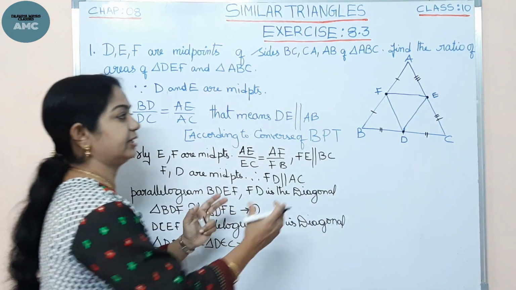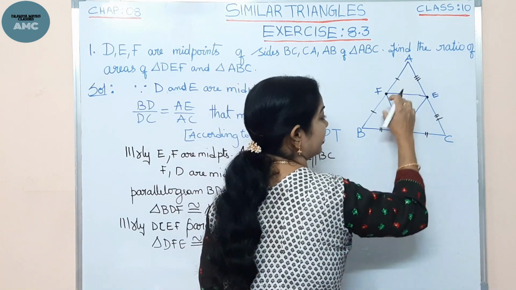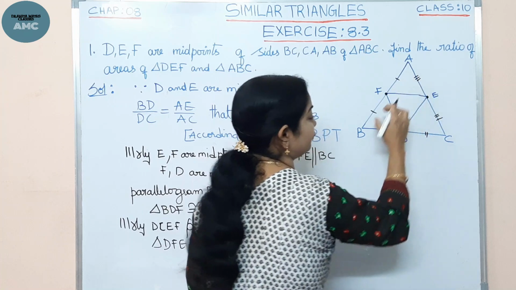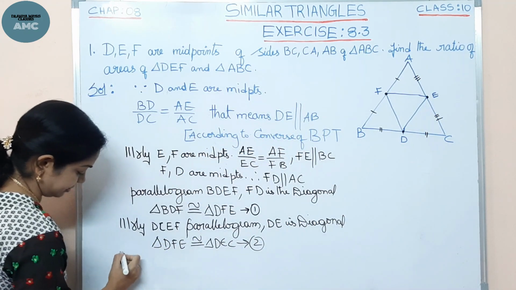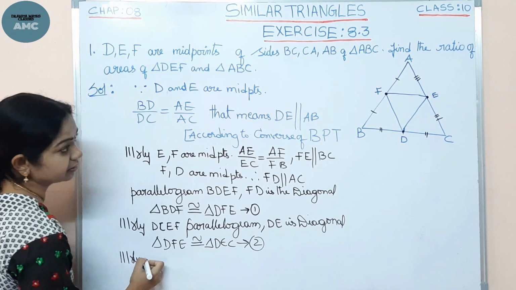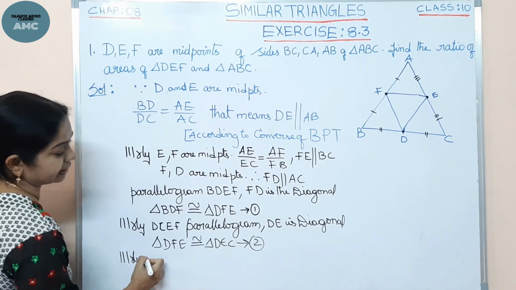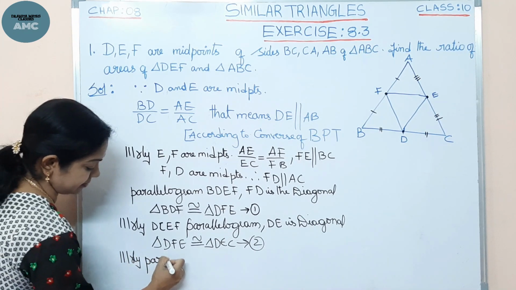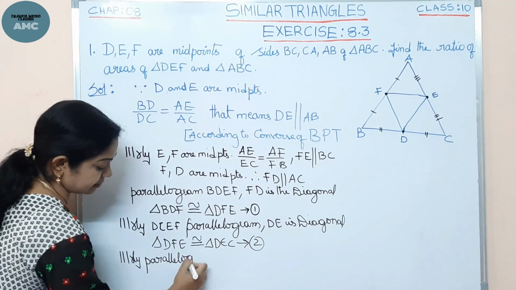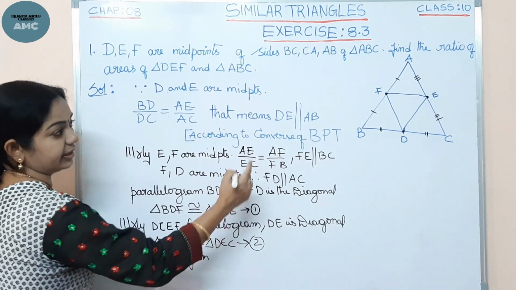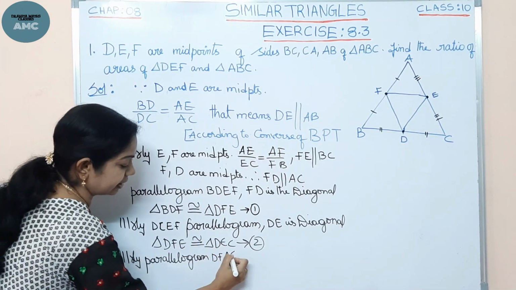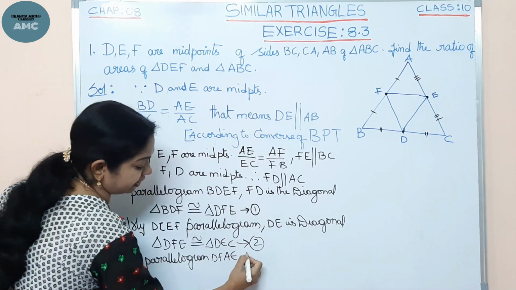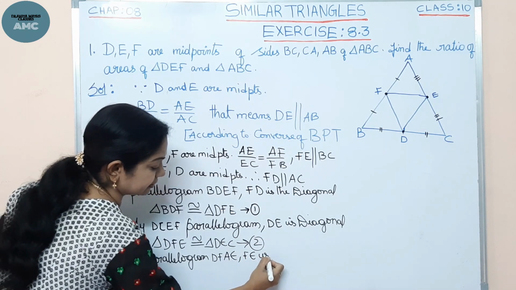Likewise, if you take the third parallelogram and the fourth, let me take only 3. Similarly, parallelogram DFAE, wherein FE is the diagonal.